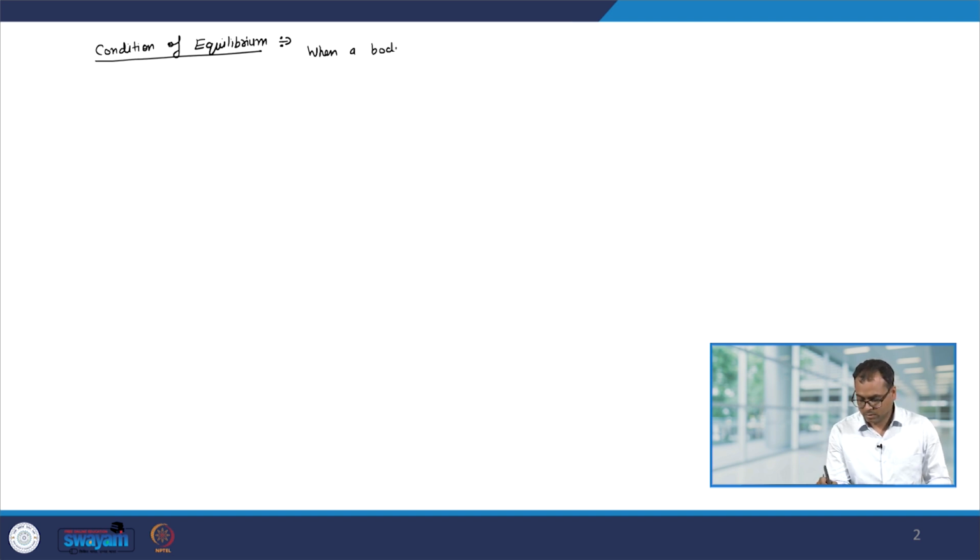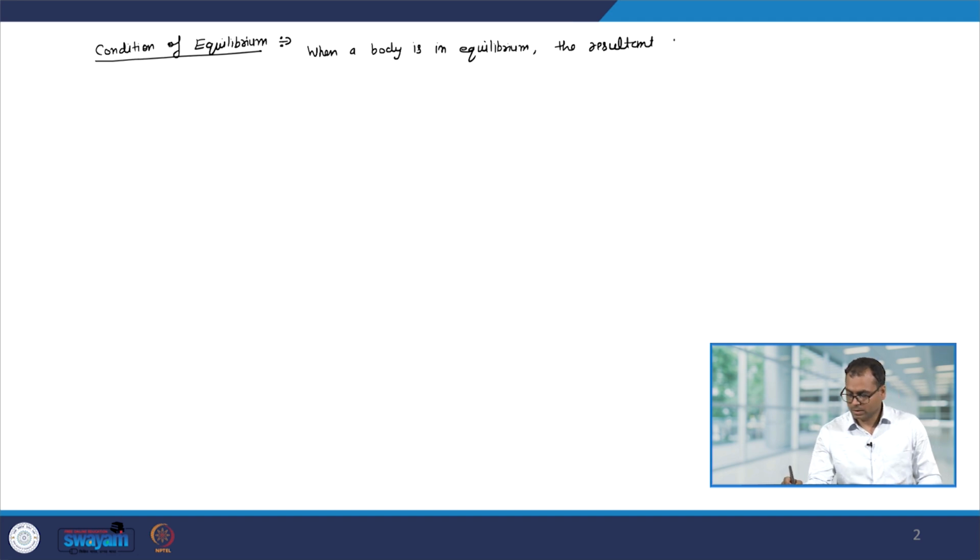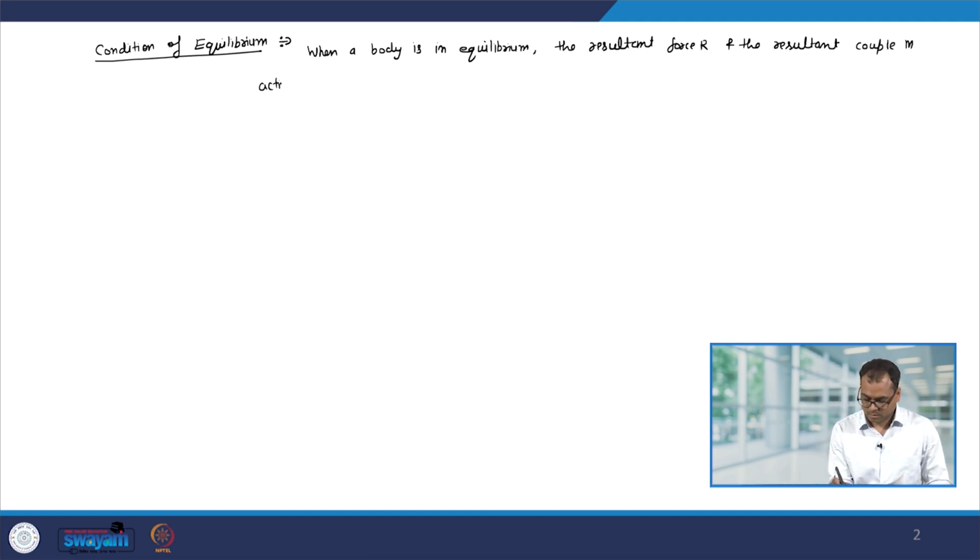When a body is in equilibrium, the resultant force R and the resultant couple M, which is acting on the body, must be 0.